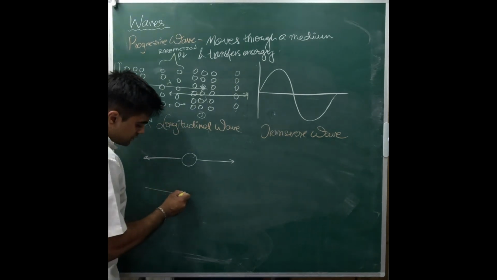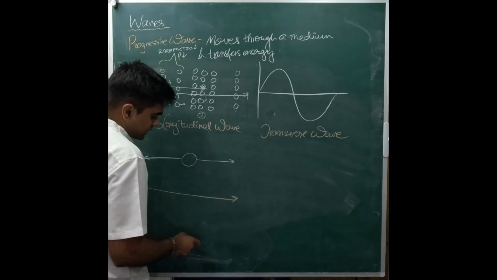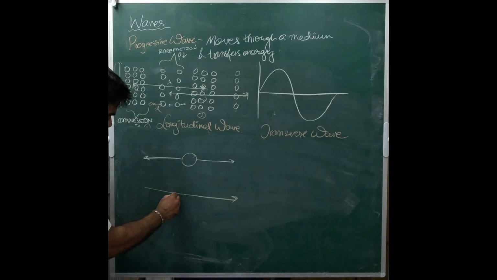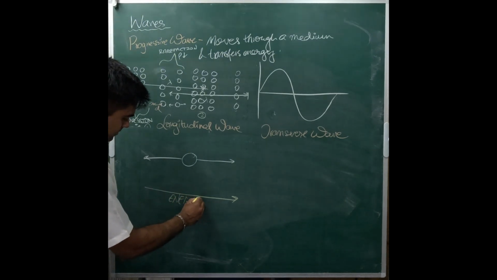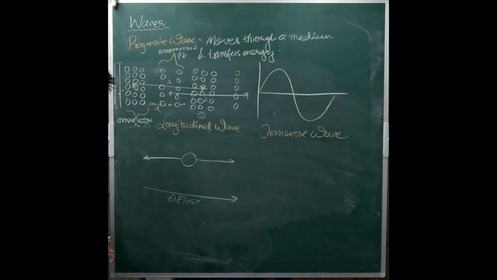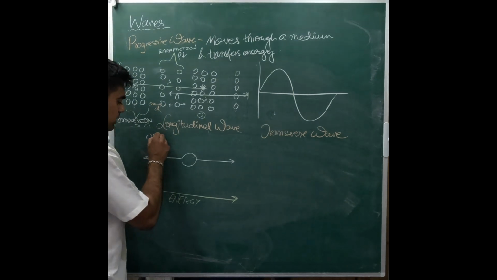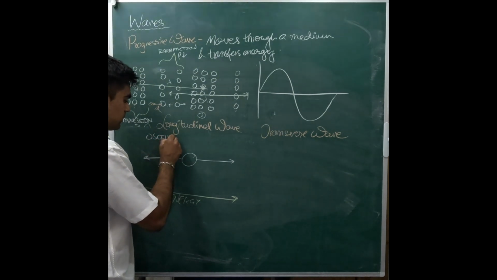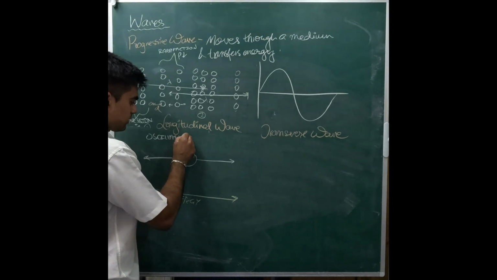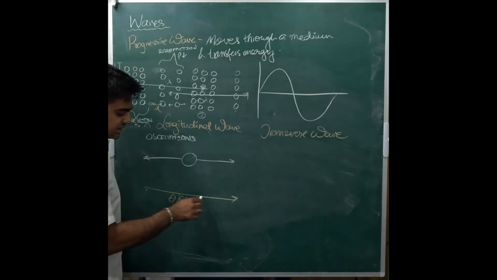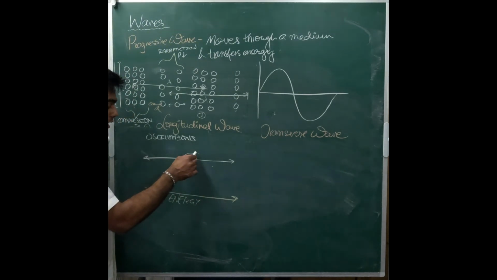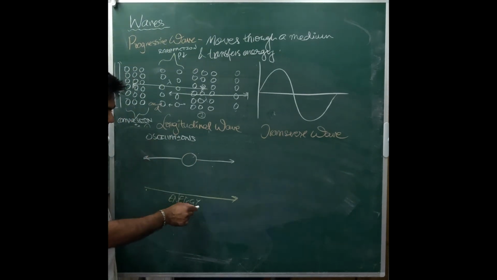And this is energy, and we could say these are the oscillations. From the arrows, we can see that these are clearly parallel. The oscillations are parallel to the energy.